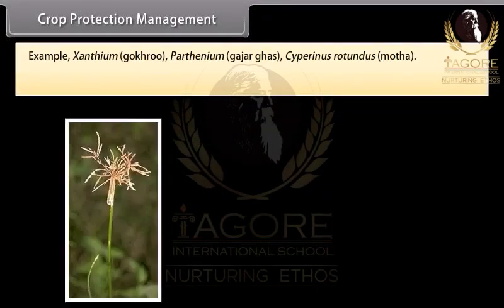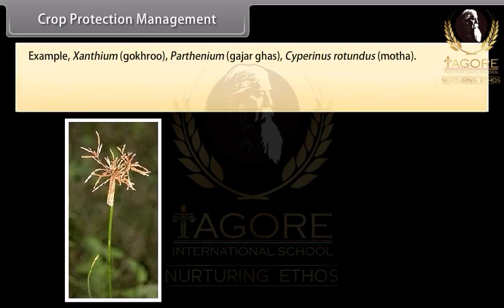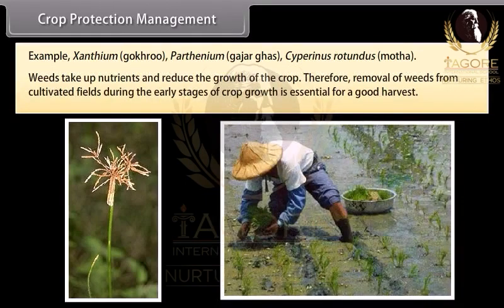Example, xanthium (gokru), parthenium (gajar ghas), Cyperus rotundus (motha). Weeds take up nutrients and reduce the growth of the crop. Therefore, removal of weeds from cultivated fields during the early stages of crop growth is essential for a good harvest.